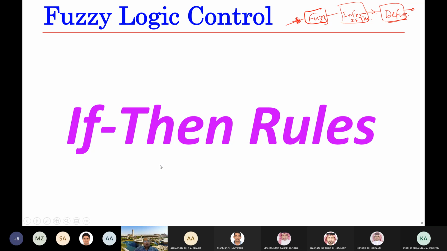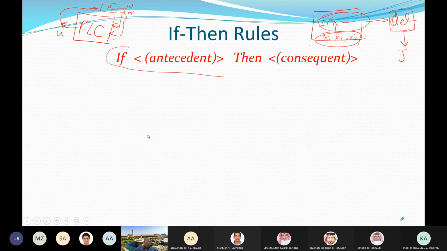And we know that or means the maximum, and and means the minimum. So let us see how to proceed and evaluate the if-then rule. This is the typical structure of the if-then rule. You have the antecedent and you have the consequent.